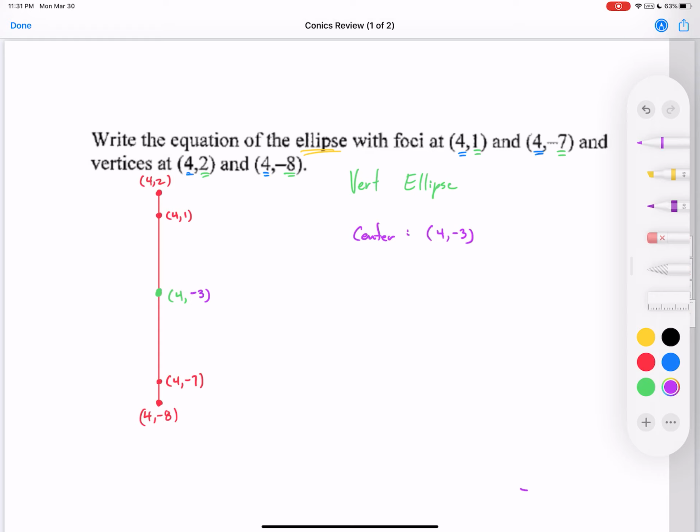Okay, so we found our center. We now need to figure out the distance of our a value. Our a value is the distance from our center to one of our vertices. So the distance from -3 to 2 is 5 units. So a is equal to 5.